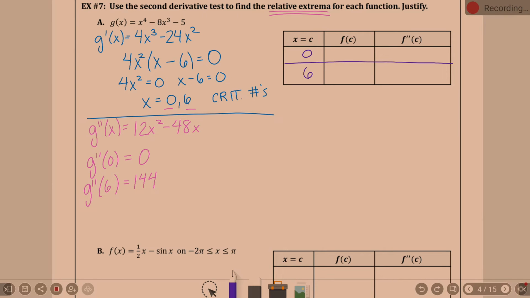I didn't have us find f of c yet. These are just what the actual ordered pairs are going to be. I didn't have us find f of 0 and f of 6. What is f of 0 when we plug it into the original function? -5. And f of 6 when we plug it into the original function?